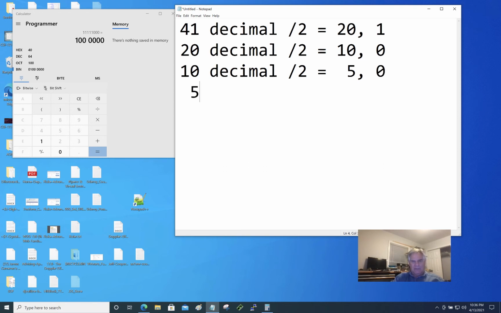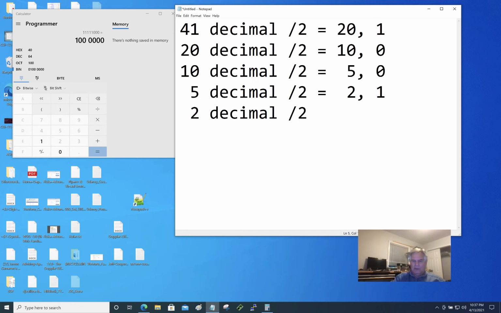Then I take 5 and divide by 2, and I get 2 with a remainder of 1. Then I take 2 and divide by 2, and that's equal to 1 with a remainder of 0.